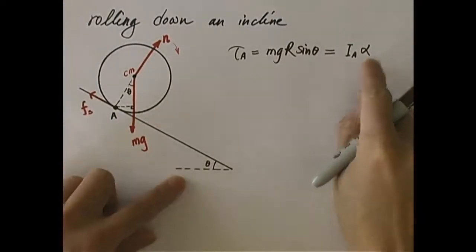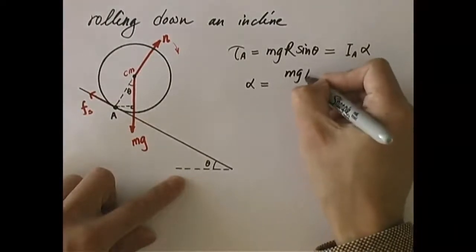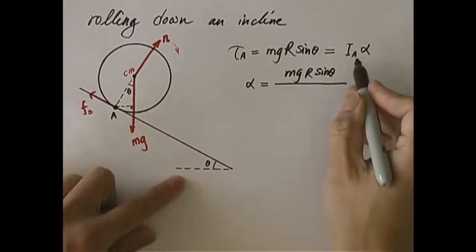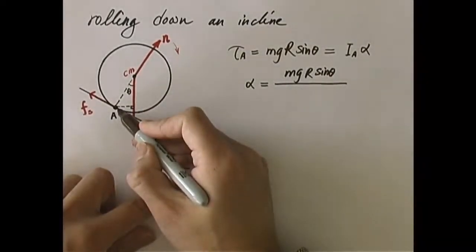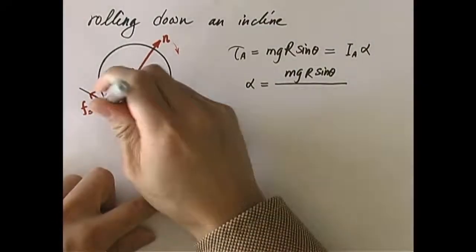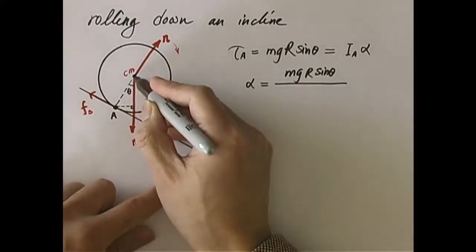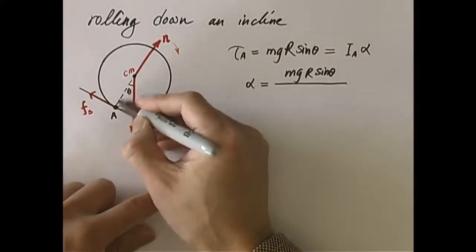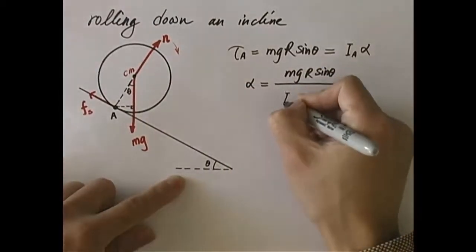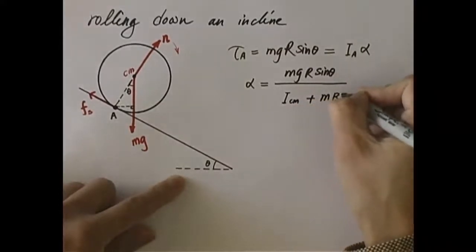Isn't that great? In fact, let me write down alpha. Alpha is mg r sine theta over IA. By the way, IA is the rotational moment of inertia about the axis going through point A. I can write it in terms of ICM if I want to. It's ICM plus md squared. Remember the parallel axis theorem? d is equal to the radius r. So I can write this as ICM plus mr squared.